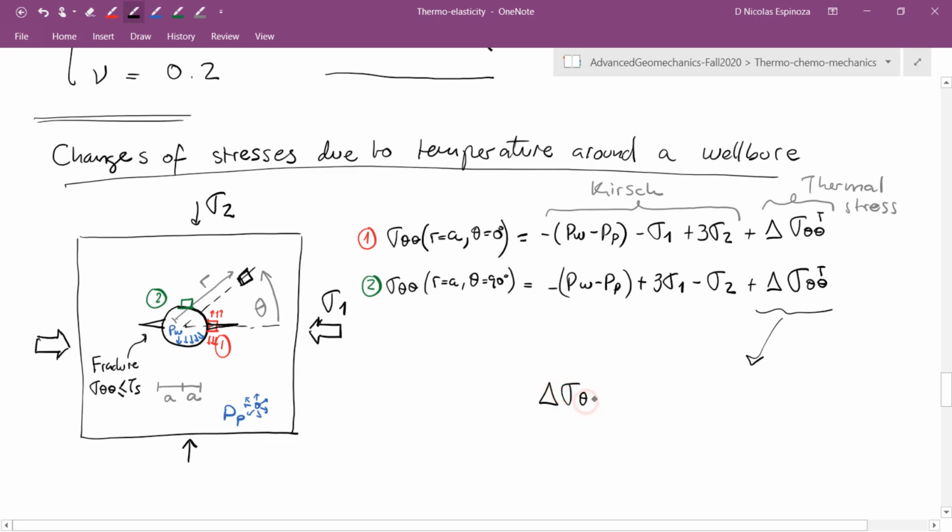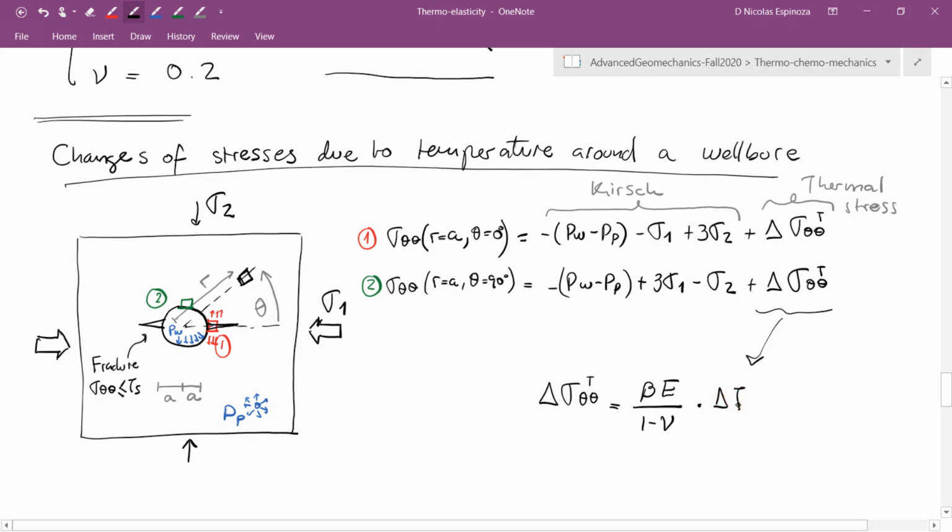The change, but now of hoop stress due to temperature in this equation is going to be equal to beta times the Young modulus over 1 minus Poisson ratio times the change of temperature. Since we are already using theta here, don't get confused, the theta here doesn't mean temperature, it means the angle which is shown here.